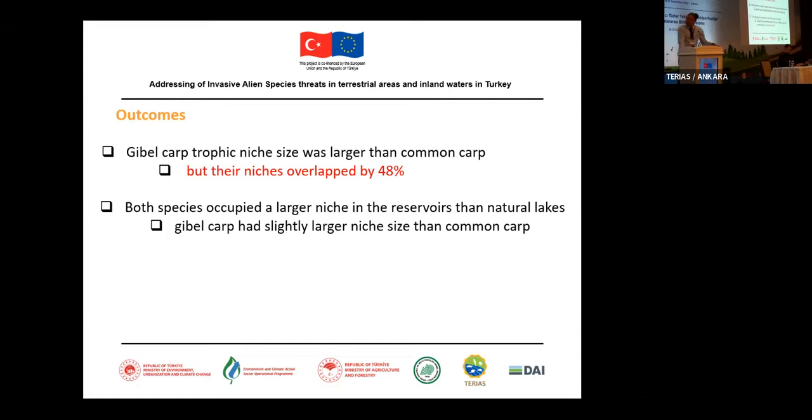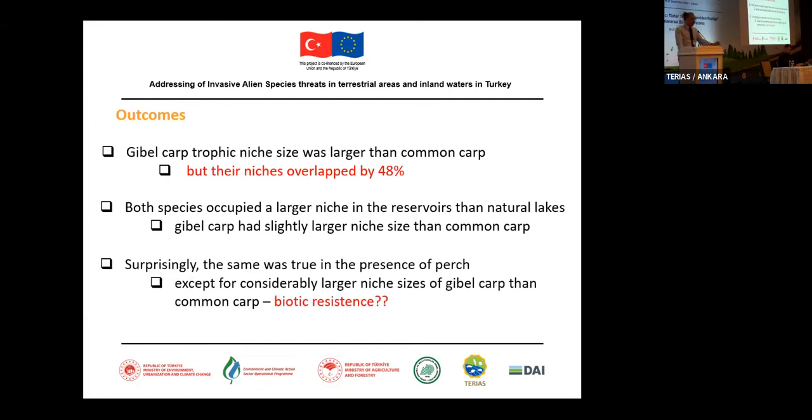And the final one is kind of surprising, because our hypothesis was rejected somehow, that the same was true in the presence of perch. Except for the considerably larger niche size of gibel carp than common carp, as I mentioned, it's presumably this kind of phenotypic plasticity or response, that they got a larger niche area when they faced some predator.